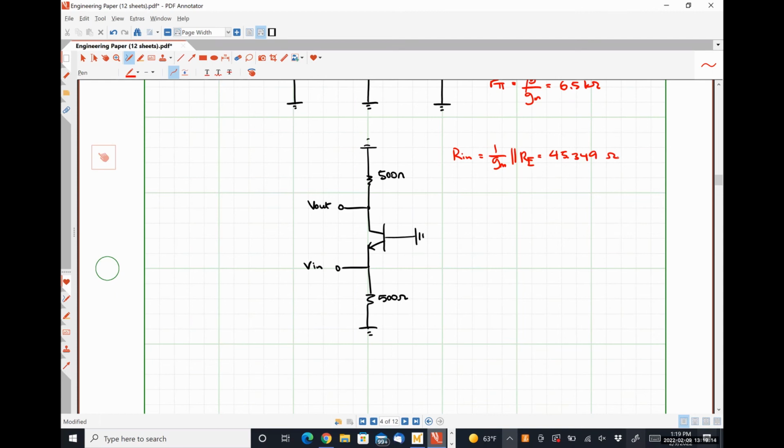So I know we have different values for things, but we can see here our input resistance for this configuration is pretty small. What's our output resistance going to be? Yeah, just RC, 500 ohms.